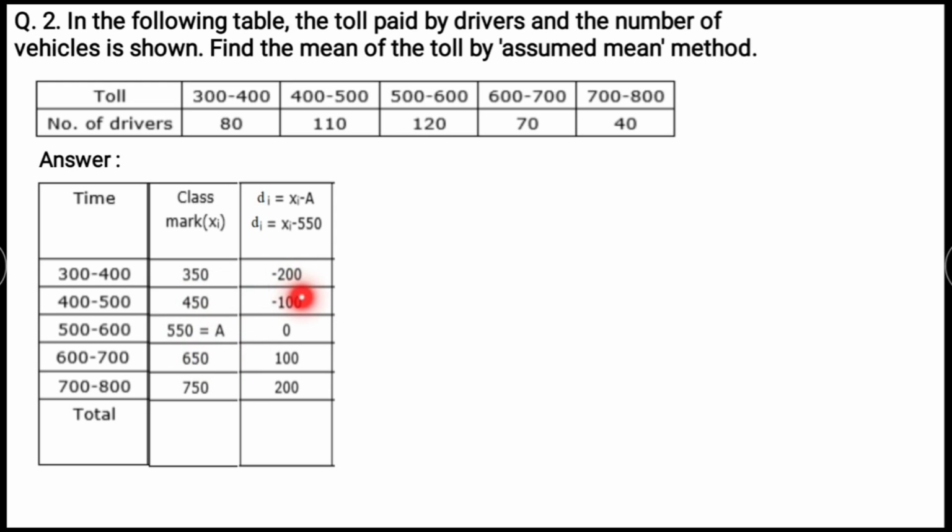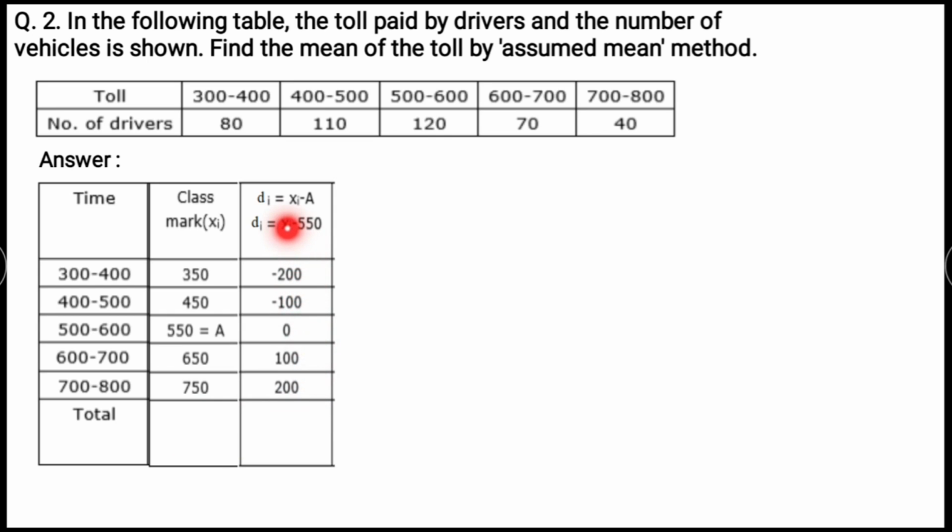So 350 minus 550 is minus 200, then 450 minus 550 we get minus 100, then 550 minus 550 we get 0, then 650 minus 550 we get 100, and 750 minus 550 we get 200.